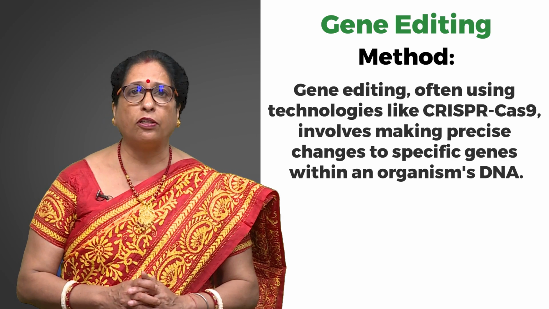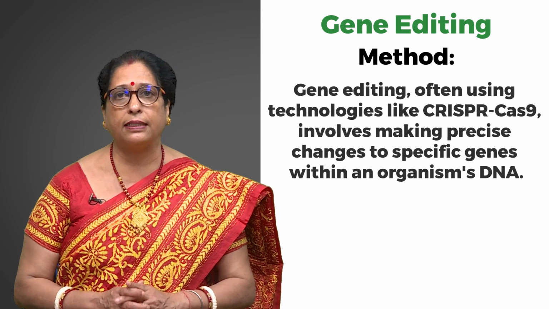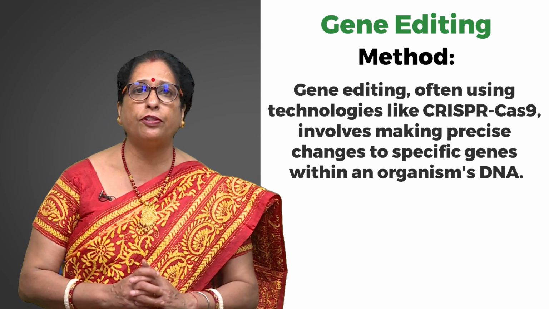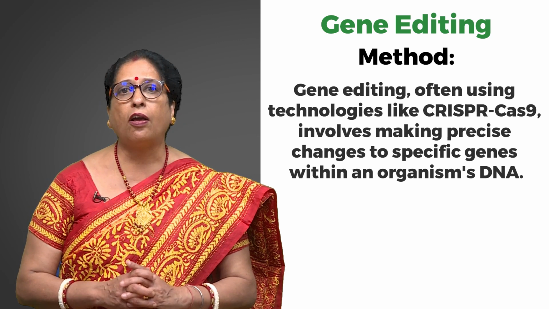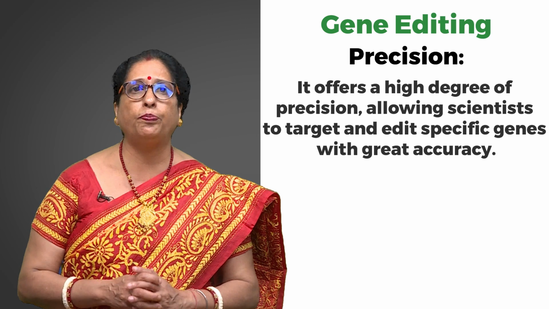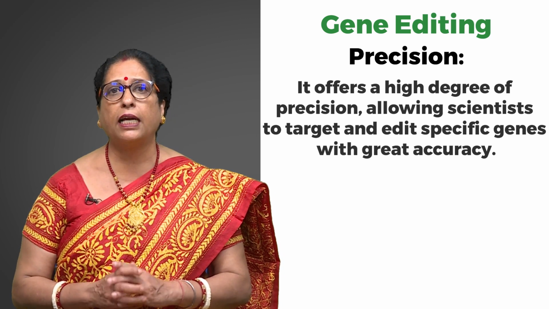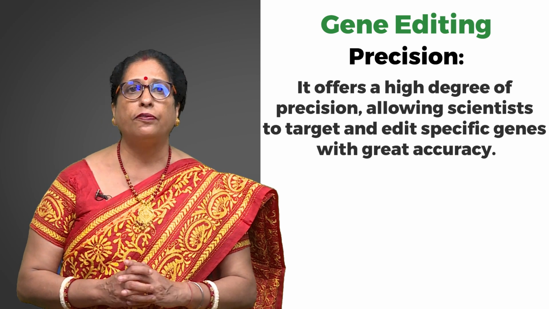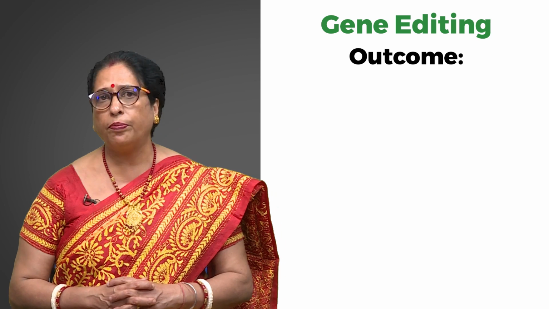So, gene editing, often using technologies like CRISPR-Cas9, involves making precise changes to specific genes within an organism's DNA. In precision, it offers a high degree of precision, allowing scientists to target and edit specific genes with great accuracy. So, what is the outcome of it?